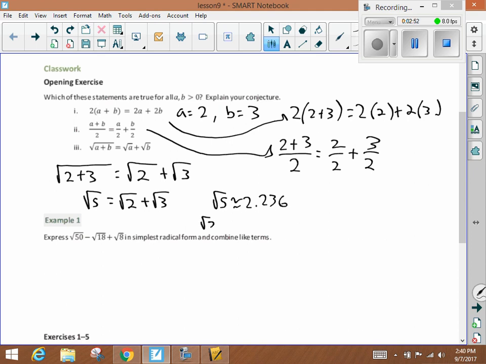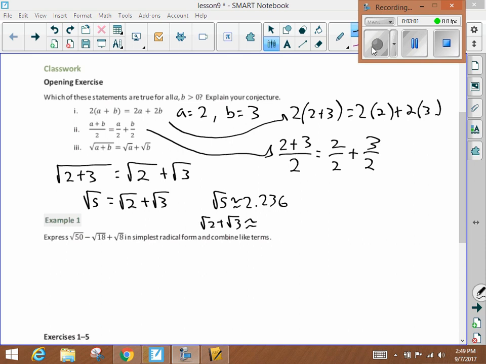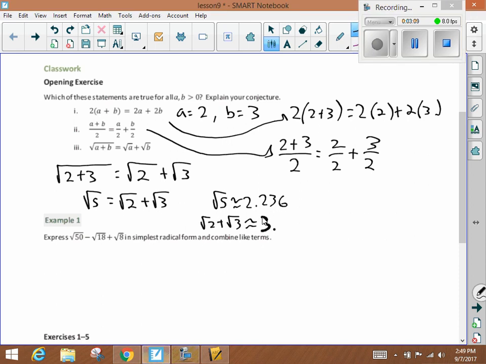And the square root of 2 plus the square root of 3 is approximately 3.146. So they don't turn out the same.